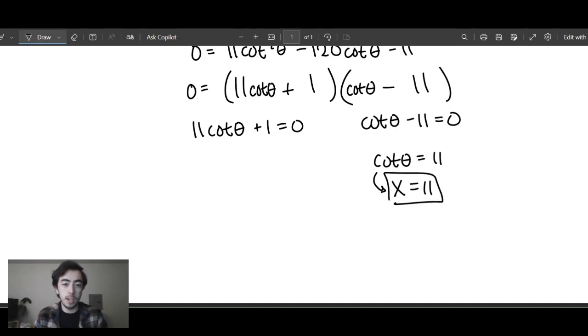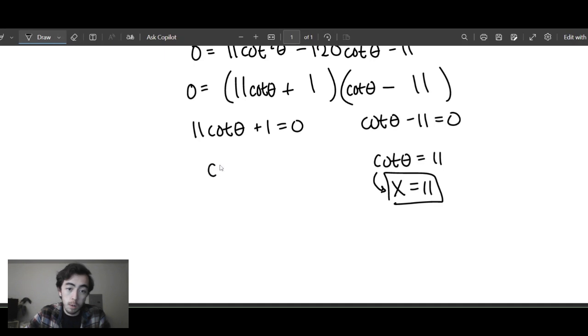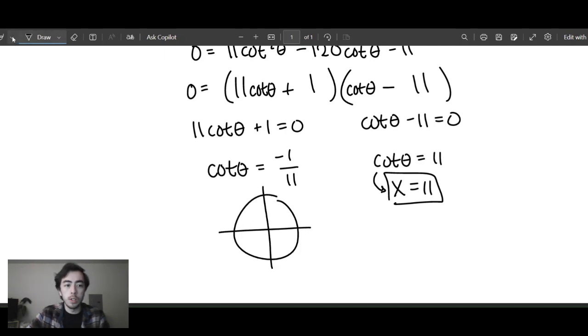I just want to double check why I'm allowed to throw out this solution, because it also looks like cotangent of theta could be negative 1 over 11. But whenever cotangent is negative, I know that I'm either in quadrant 2 or quadrant 4. I know that I'm either going to be here or here.